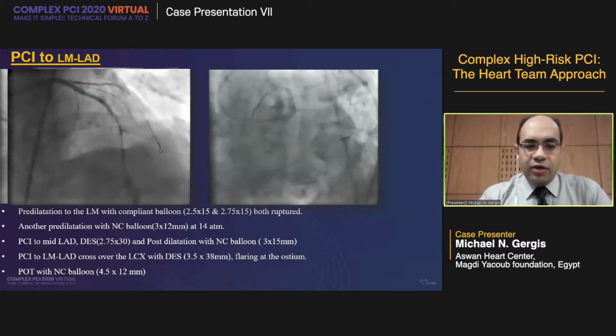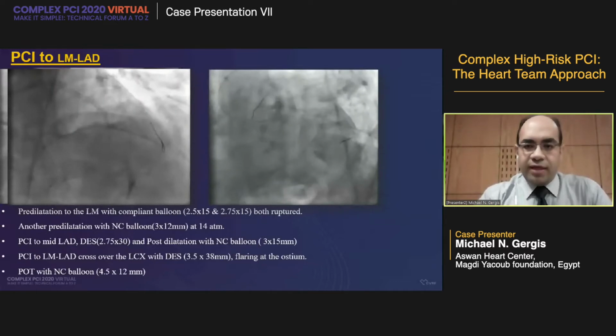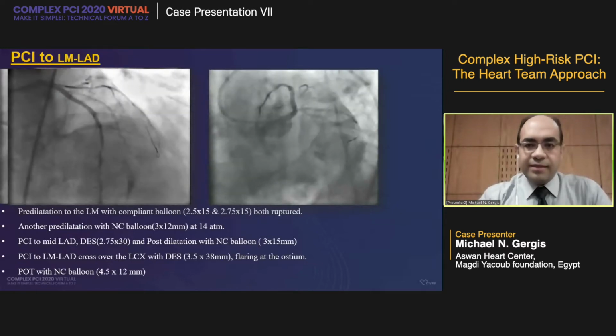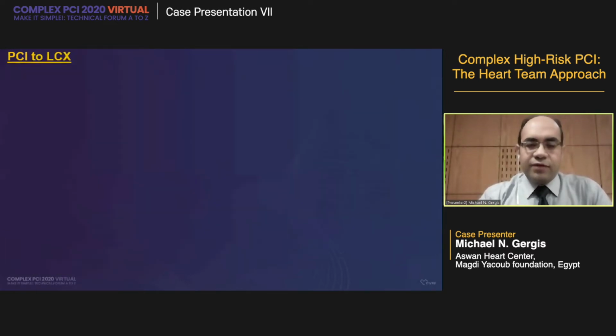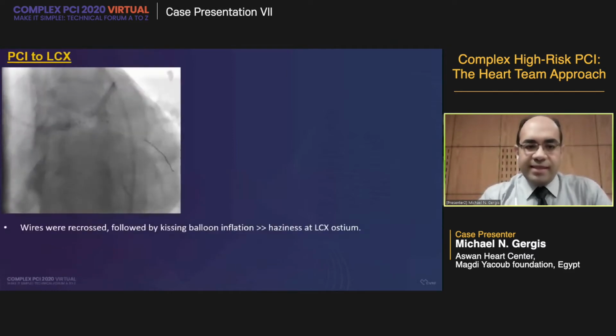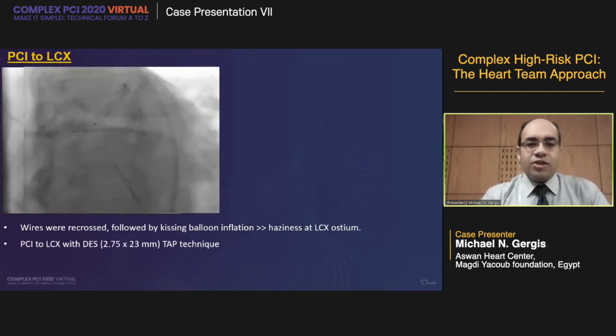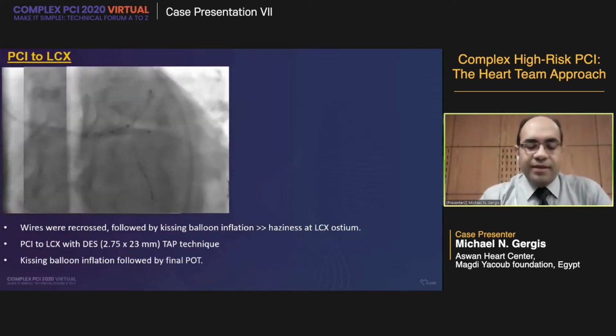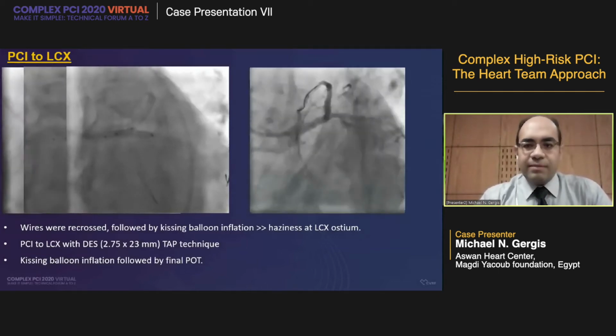As you can see here, the ostium of the LCX was pinched a little bit, so wires were recrossed after the stent was put in the left main, and after kissing balloon inflation at the LCX, unfortunately, tightness was noticed at the LCX ostium, so we did the TAP PCI to the LCX, followed by kissing balloon inflation and final POT.